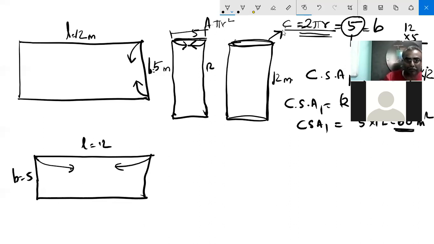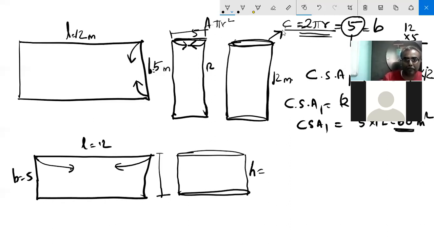If you fold along the length, you get a cylinder like this. What will be the height now? Height is equal to 5. Very good, excellent.